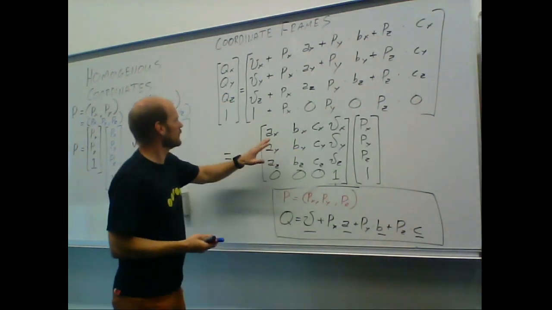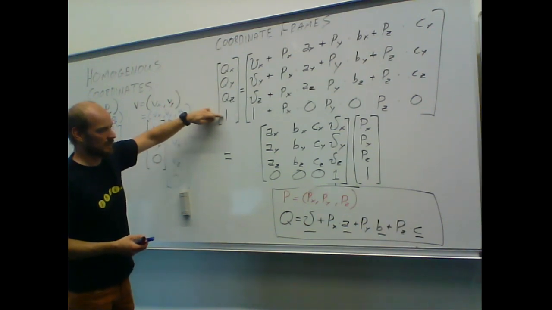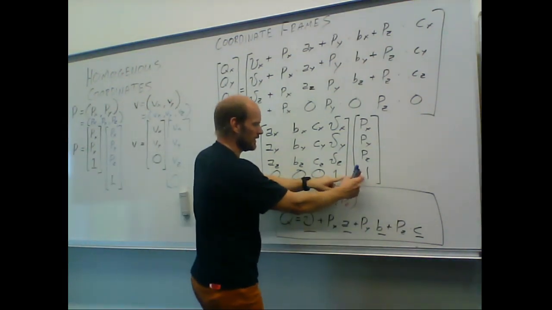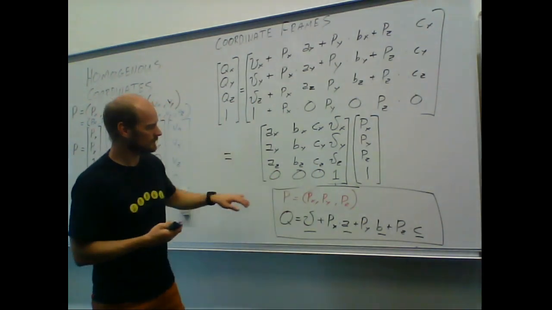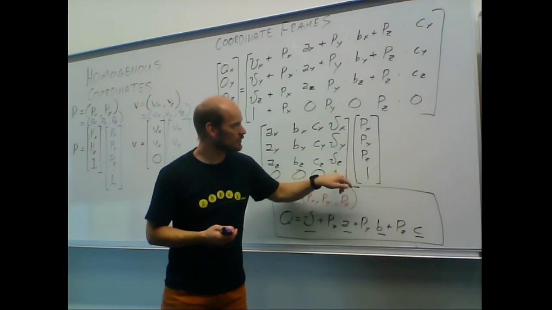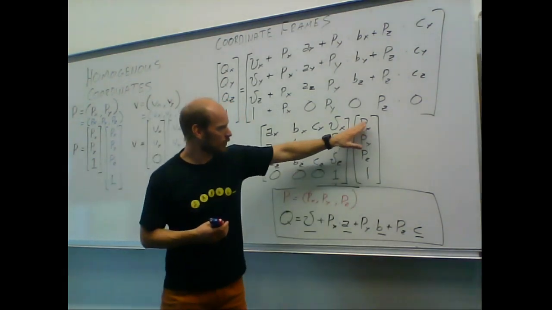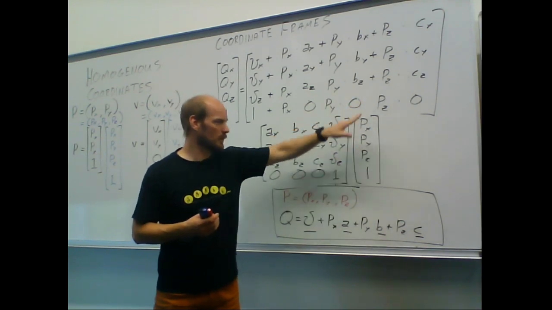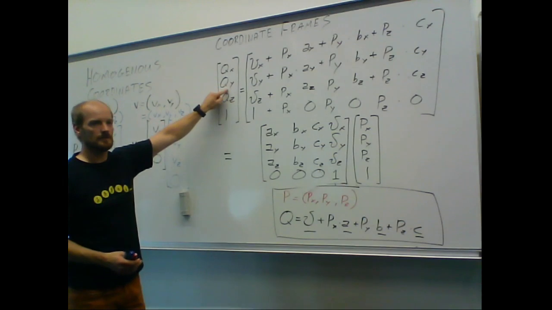In the end, what we want to get out is a point, Qx, Qy, Qz, and 1. The 1 will be multiplied with 1, and the rest will disappear with the zeros, so this 1 will be left as a 1. So it's going to be a point. I'm transforming the point P with this matrix to give me the point Q.